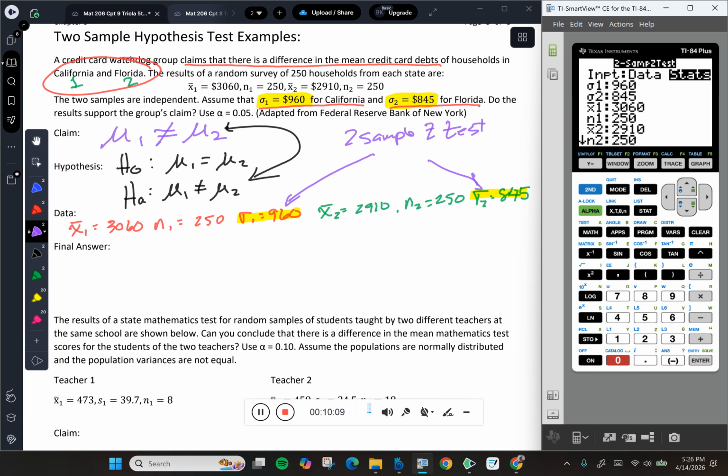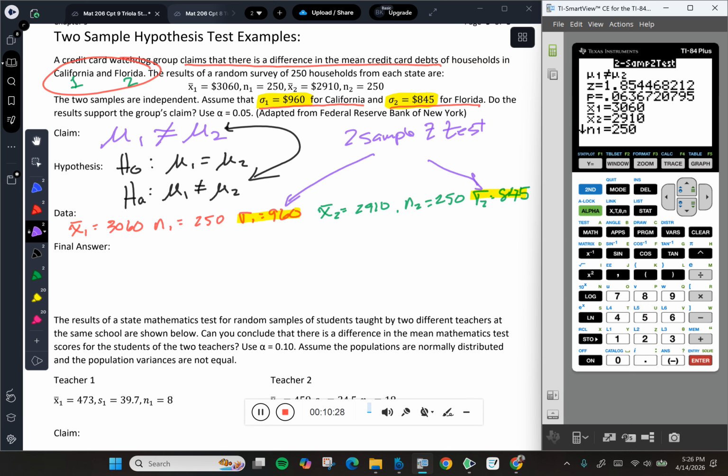And see that down arrow over there on the left? That means there's more. So I actually have to scroll down because I needed to tell it what kind of hypothesis test. So the alternate is a not equal to. So essentially we're running a two-tailed test. So I'll select that and then I'll ask it to calculate.